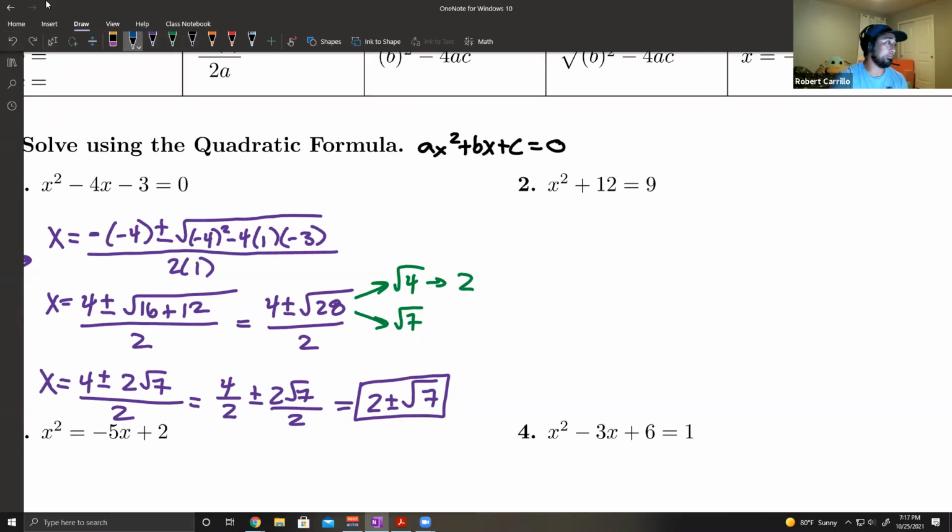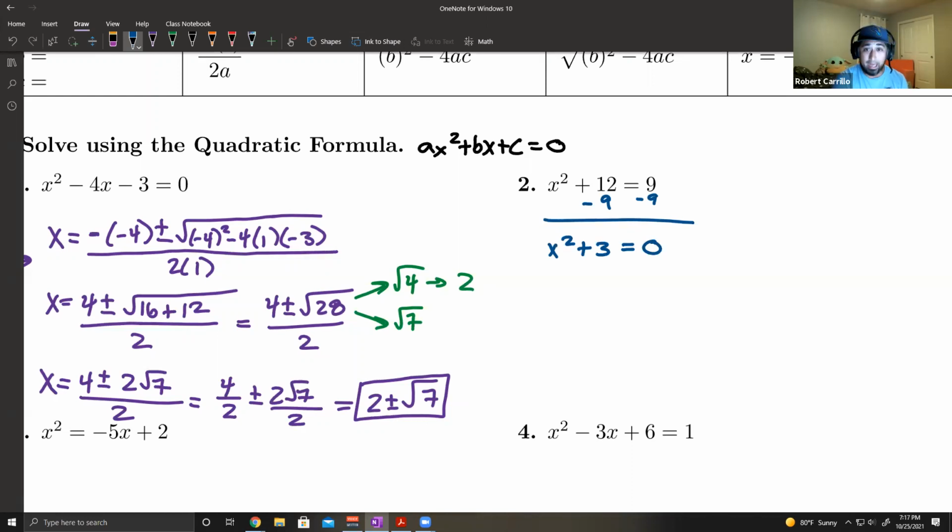No. Who needs to come over? 9. 9 needs to come over. So we subtract 9 and get left with x squared plus 3 equal to 0.